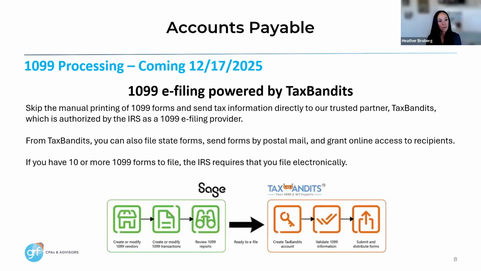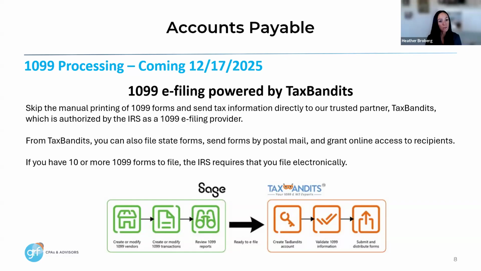All right. Another thing I wanted to mention as we are moving right along towards the end of 2025, 1099 processing is going to begin. Effective December the 17th, the 1099 processing for 2025 will be available in Sage. That means you will be able to run all of your reports and generate 1099s at that point.